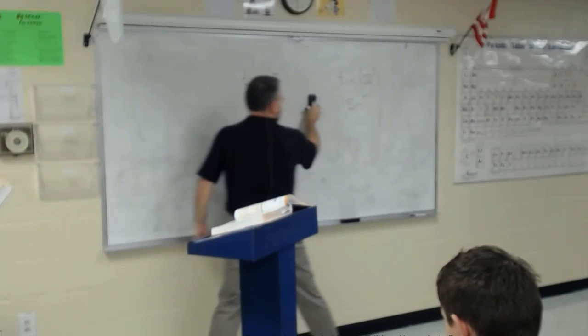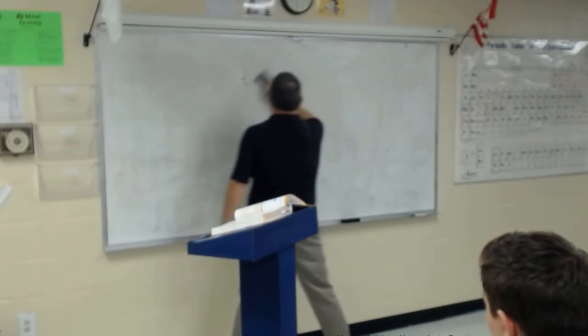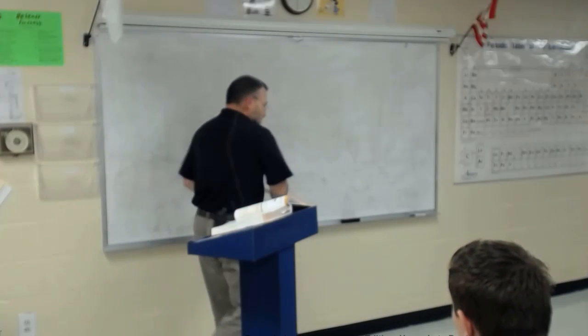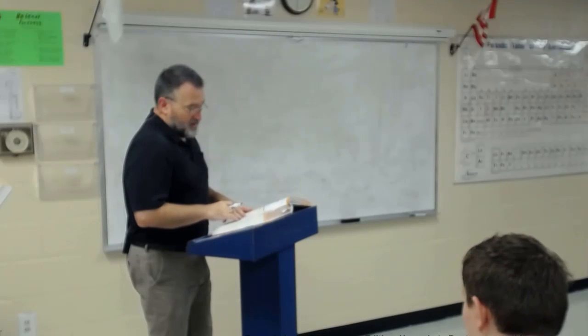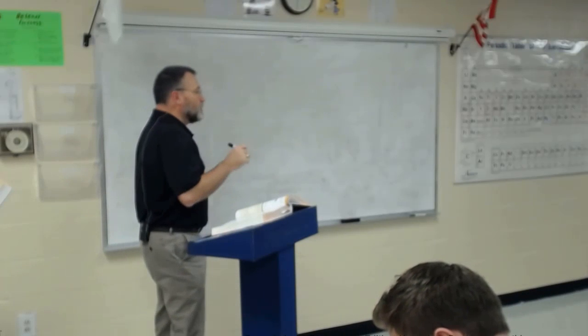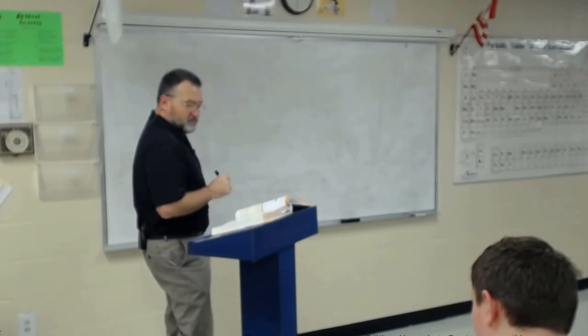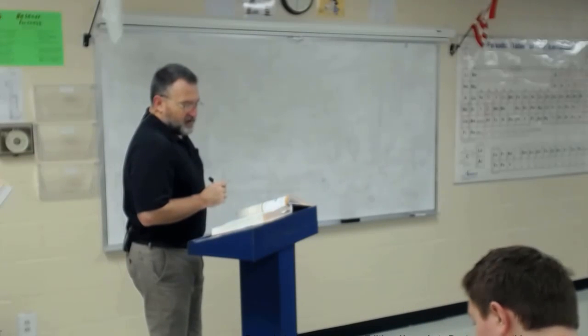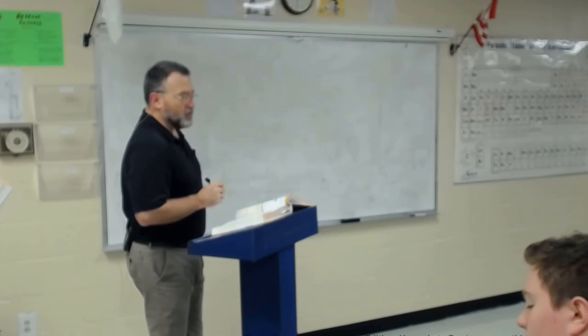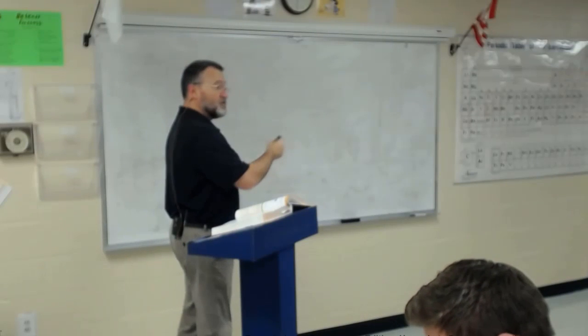You don't have to do it in advance, but let's walk through these as examples of how to use transition elements that form different ions. It says, give the chemical formula for the following compounds. A, tin 4 fluoride. This is page 145, On Your Own 4.4. For the compound tin 4 fluoride, and that's the way you would say it.